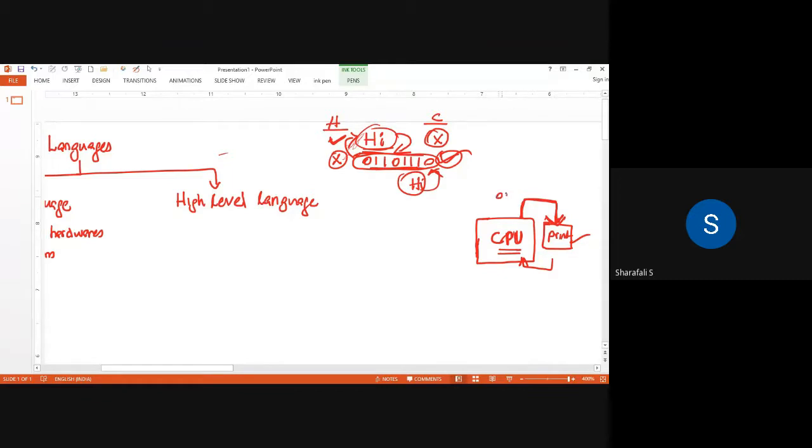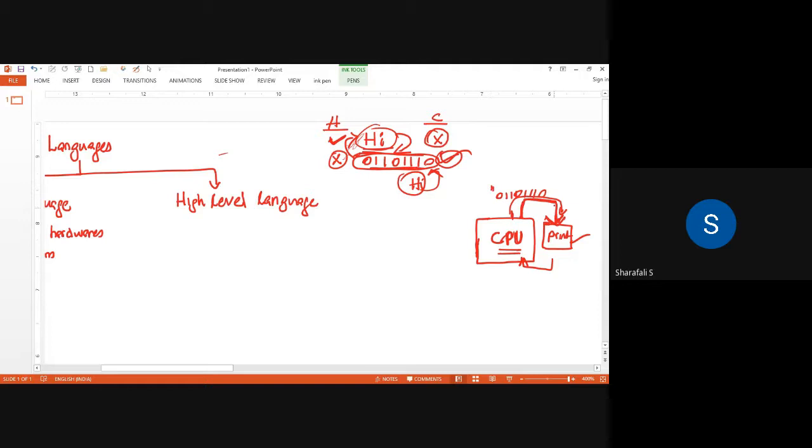So for example, 01101110 will go to the printer, and by using some application it has to be converted. If you are writing in Word, then correspondingly we have alignment and other things that have to be taken care of.